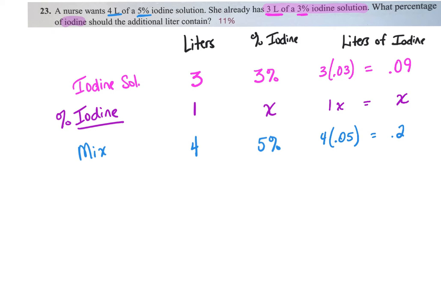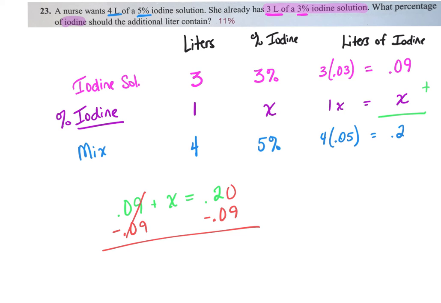And then what's my final step here? These add up, right? So I have 0.09 plus X equals 0.2, all right? And how am I going to do this? Subtract, right? I need to make sure that I line up my zeros here, line up my decimals.